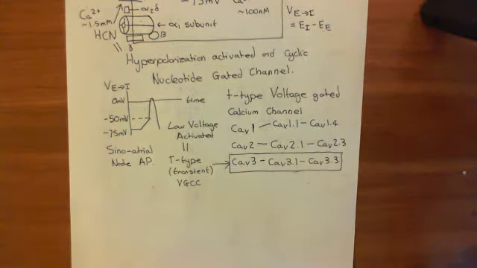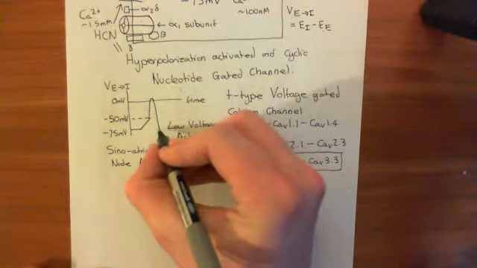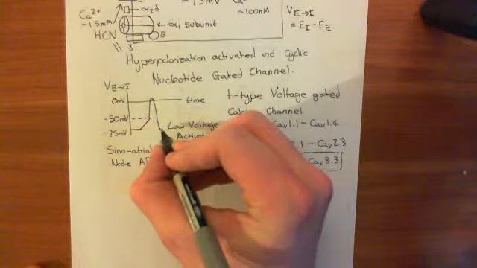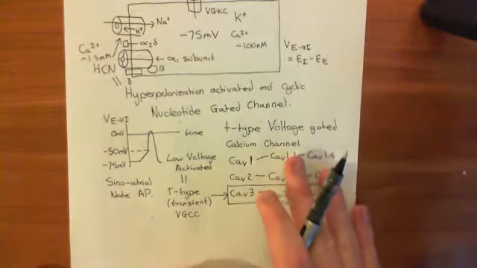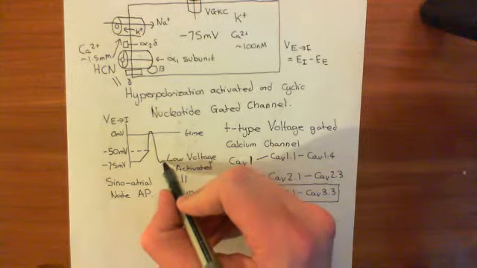Right, okay, so this happens continuously, because now, look, we've got back to resting membrane potential. But what happens at resting membrane potential? The HCN channel becomes activated again. It's activated by the hyperpolarization of the membrane. So when you hyperpolarize the membrane, it becomes active again.